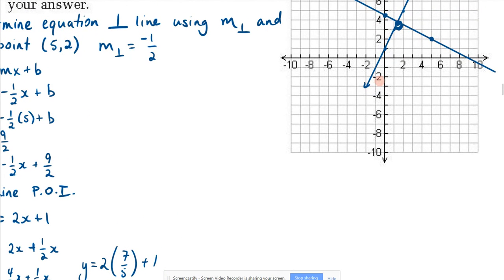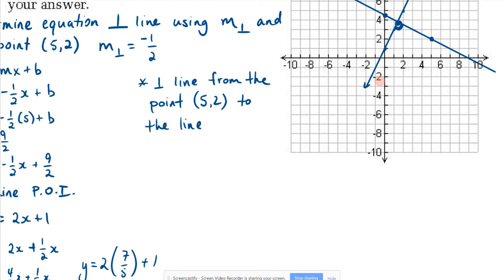Now I'm just going to write a quick little note here. Let's put a little star. The perpendicular line from the point 5 comma 2 to the line y equals 2x plus 1 will be the shortest distance.